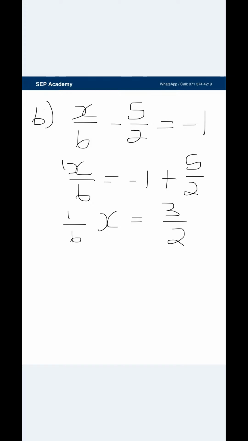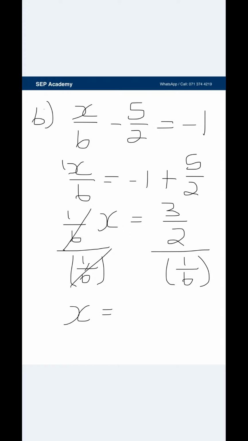So it is now up to you in terms of how you work it out. One can still say, now I'm going to detach that 1 over 6. Remember, whatever you do on the left, you also do on the right, or vice versa. So that's how you detach that 1 over 6, and then you end up having your x being equal to 2.